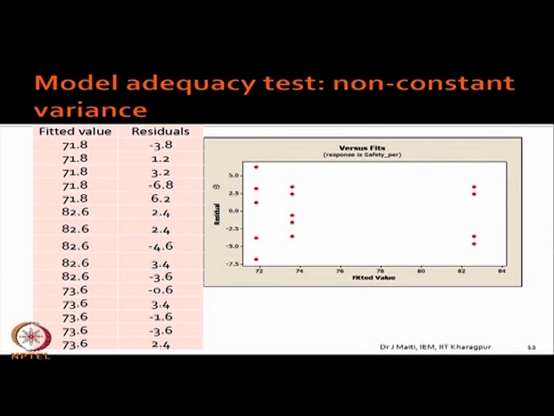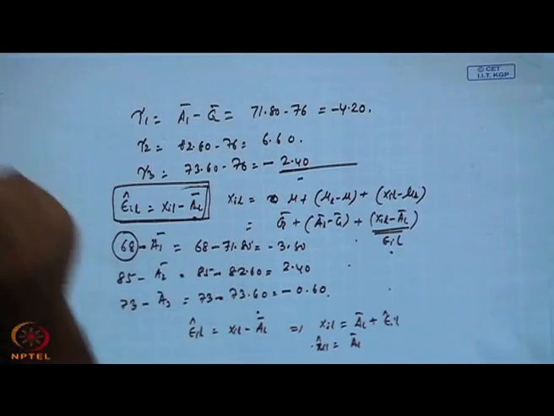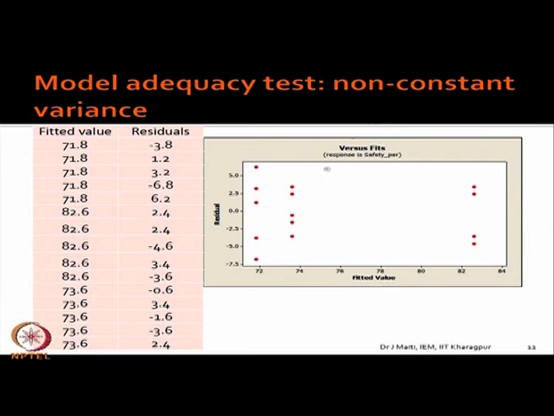It is apparent like this, but it may not be true, because this is a plot where the scale difference will make changes. So, I think there may not be a difference, but it should be tested. We have not tested in this example, but in an earlier example we have tested. If there is departure from equal variability, it will be reflected in the fitted value versus residual plot.